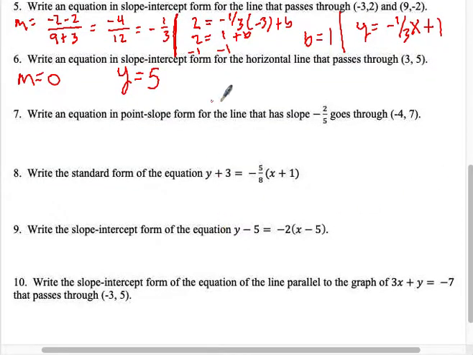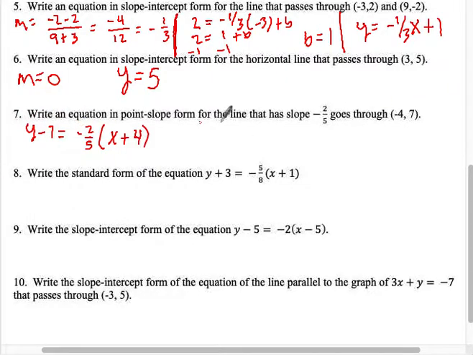Write an equation in point slope form of the line that has slope -2/5 and goes through -4, 7. So point slope form is y minus y1. So y minus 7 equals -2/5 times x minus x1, which would be plus 4, since it's a -4.